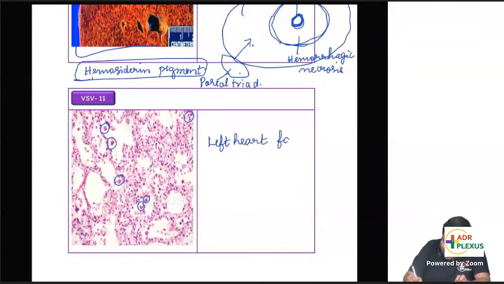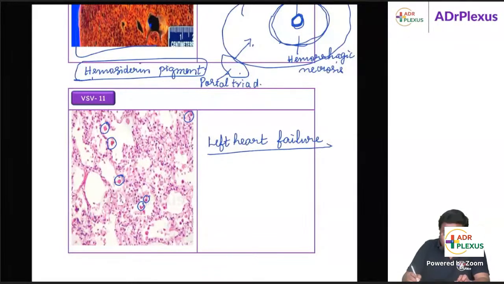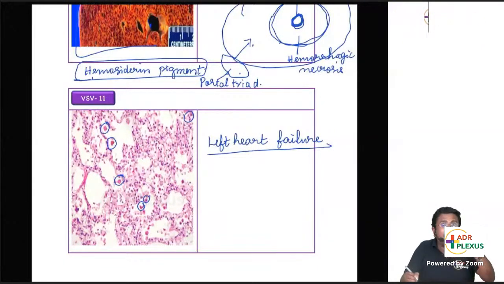Left heart failure, it can be of any cause, myocardial infarction, anything. The left heart is not pumping, so there is a backflow of blood from the left ventricle to the left atrium, and from the left atrium the blood is getting congested in the lung.